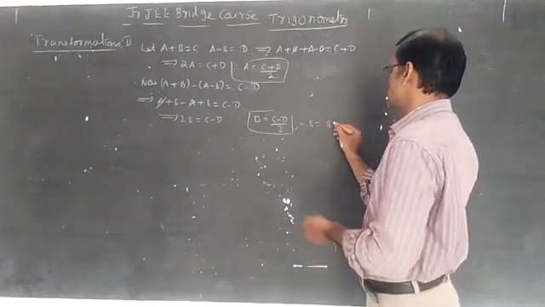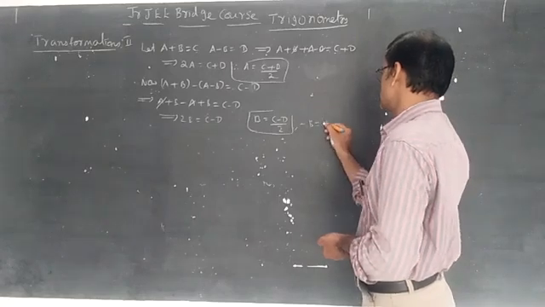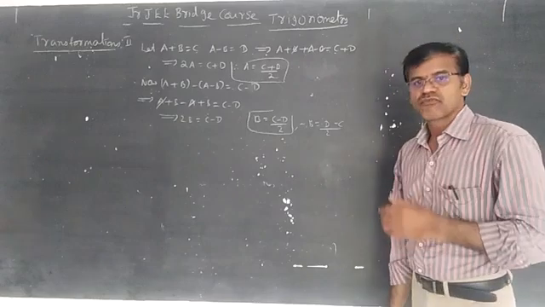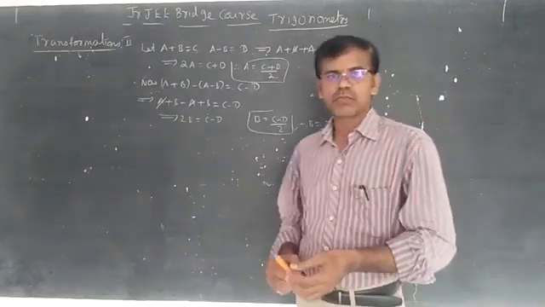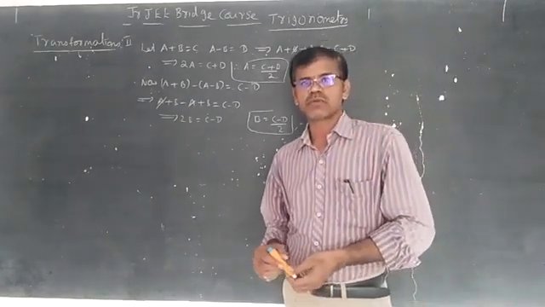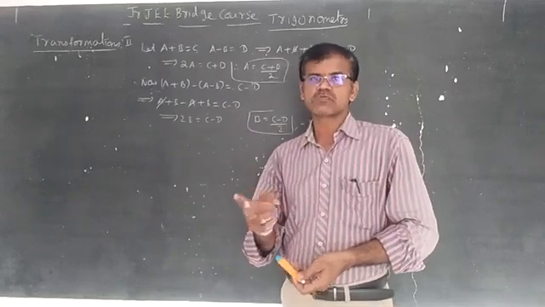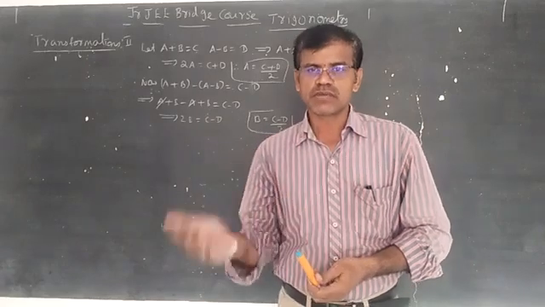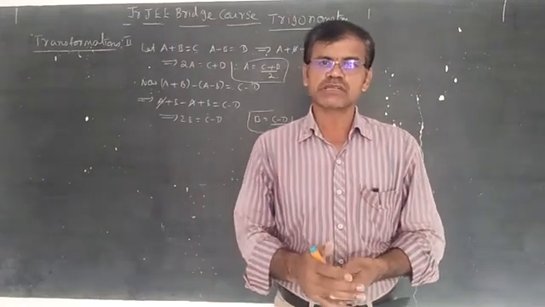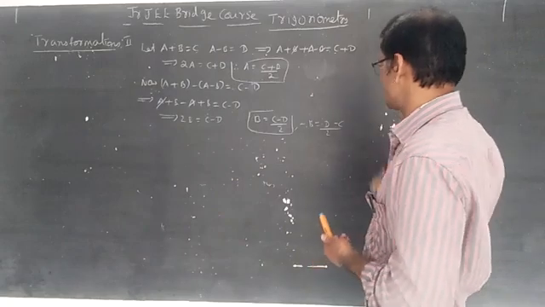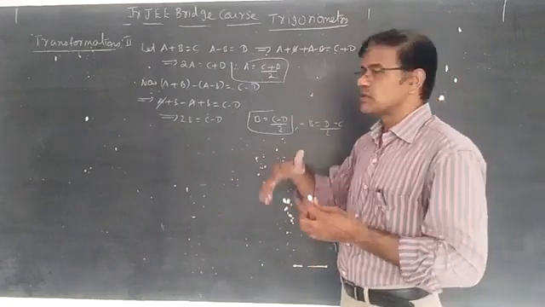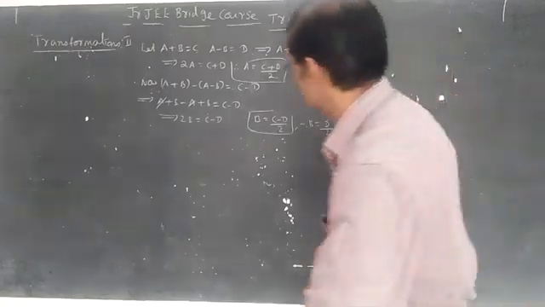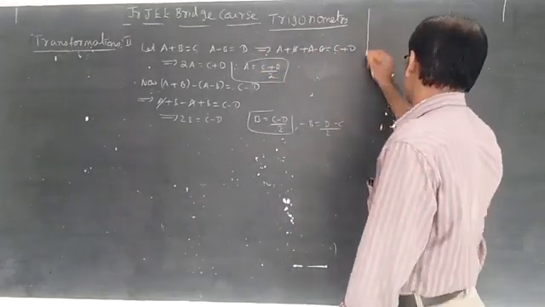Now let us create the formulas: sin of A plus B plus sin of A minus B, sin of A plus B minus sin of A minus B, cos of A plus B plus cos of A minus B, cos of A plus B minus cos of A minus B, and cos of A minus B minus cos of A plus B, whatever the formulas just derived here. Now we want to discuss, depending upon those formulas, again transformations. So let us write here all the formulas.